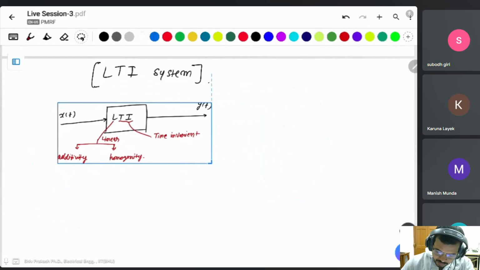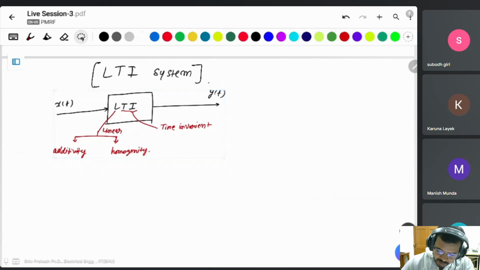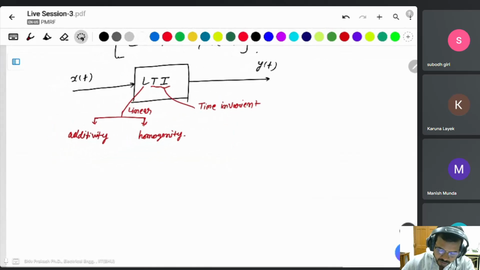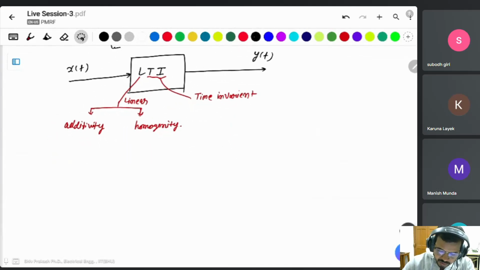Then let's check the representation, how to represent this one. First one, the additivity problem. Check according to the additivity.